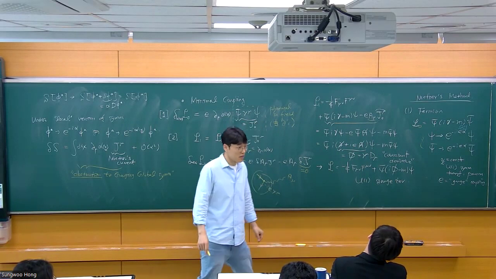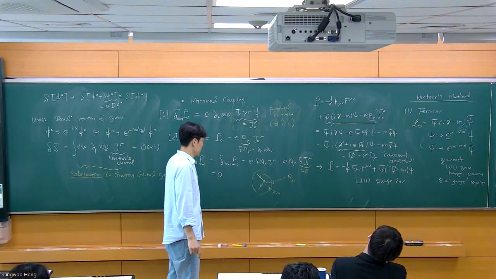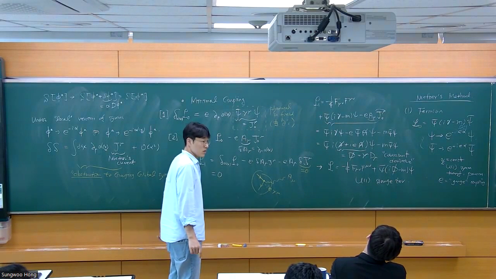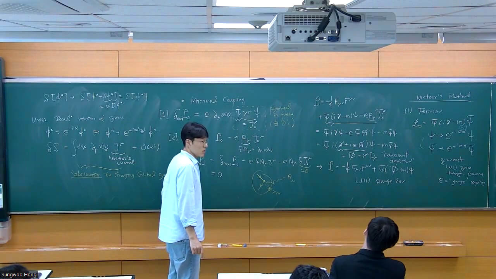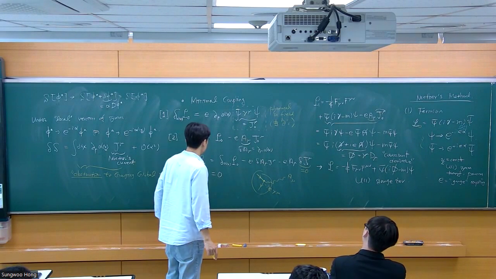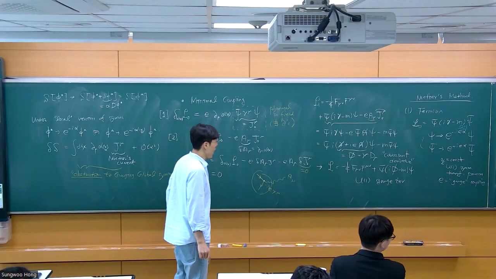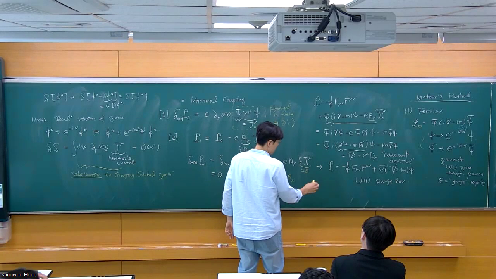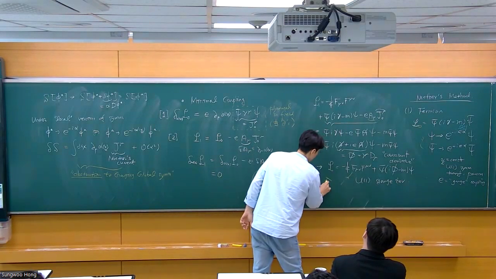Can you explain one more time about the field A mu? How is the field A mu related to the vector field F? F mu nu, you mean? Yes. Okay, so F mu nu, we already did that, right? So here F mu nu.